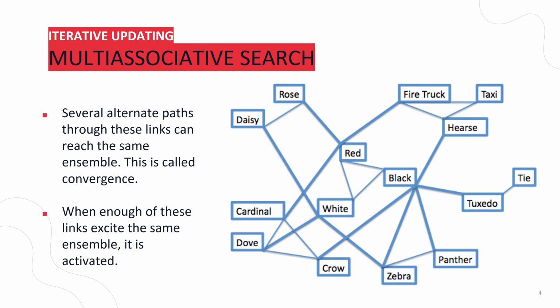You can also see that if you excited rose, fire truck, and black, the concept red would receive the most spreading activation and be activated. Thus, several alternate paths through these links can reach the same ensemble. This is called convergence. When enough of these links excite the same ensemble, it's activated.